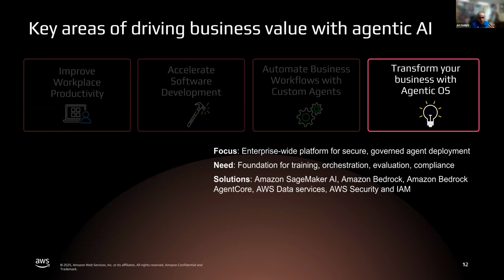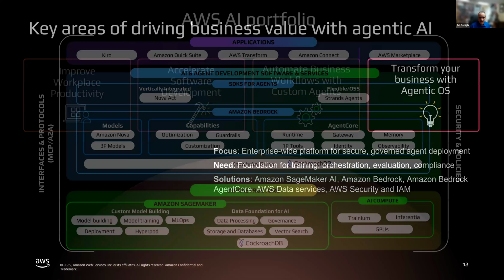Now, this could be for employees, this could be for customers, this could be a way of bringing your employees closer to customers for potentially closer interactions. Now, this is where we're seeing the industry evolving.